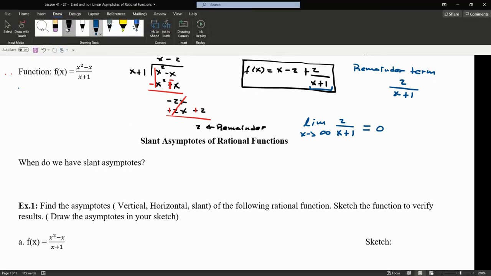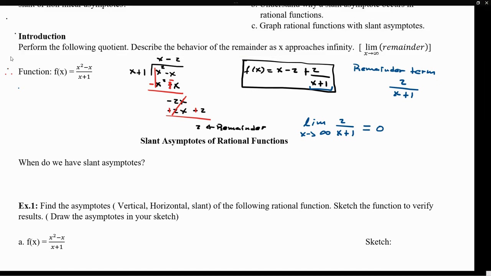Because now, if you want to have a discussion about slant asymptotes, the question is, when do we have them?